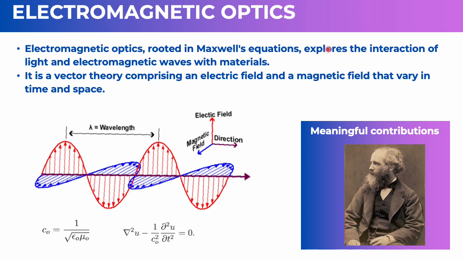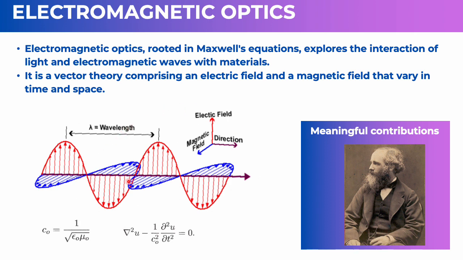This discovery led to the idea that light is a wave made up of changing electric and magnetic fields traveling at the speed of light. These equations not only connected electricity and magnetism, but also paved the way for many technologies that we use every day, like radio, TV, and wireless communication. Maxwell's equations form the backbone of most of those technologies.